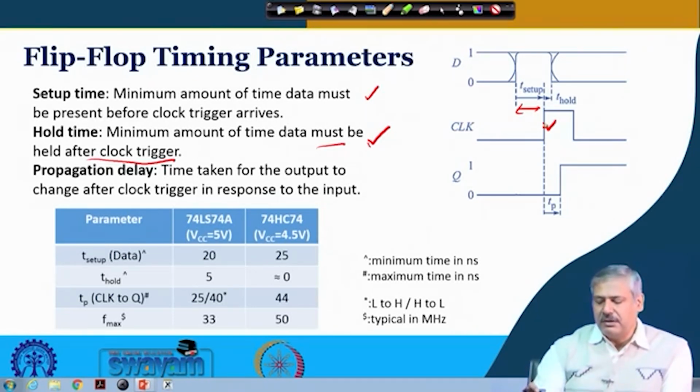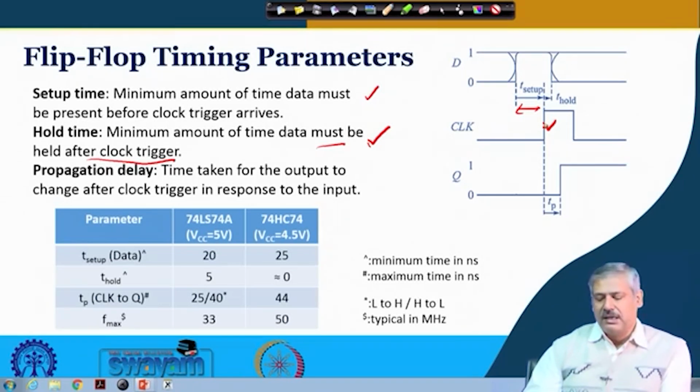It must be held for some time, the minimum time that is required. If you hold it for more time, there is no issue, but a certain minimum time it should be held; that is called hold time. That is to ensure or guarantee appropriate output, appropriate state change in the flip-flop.